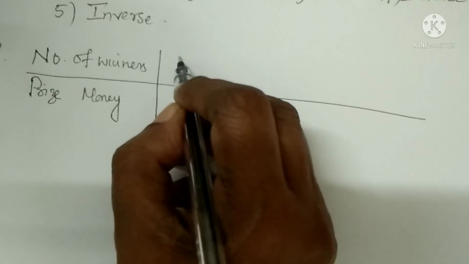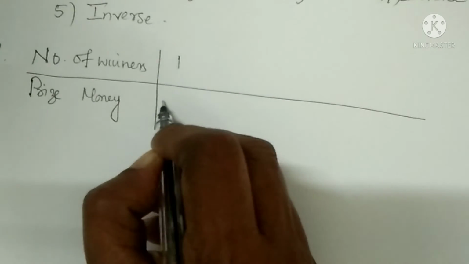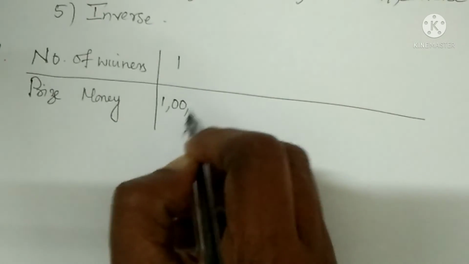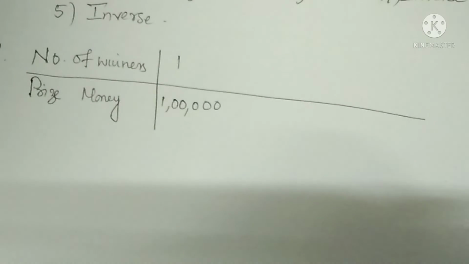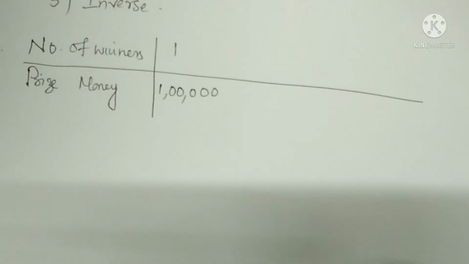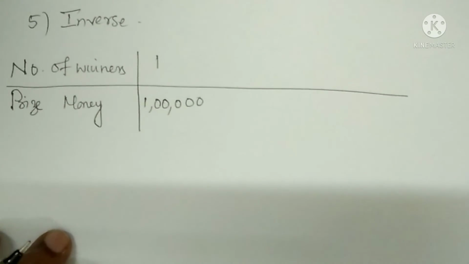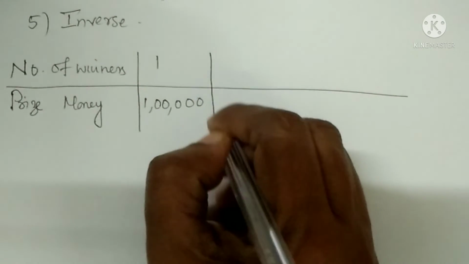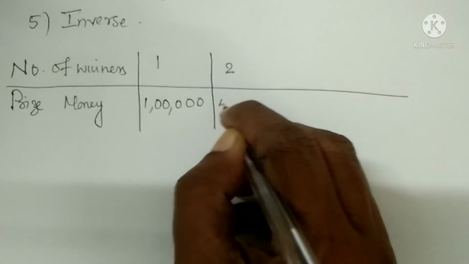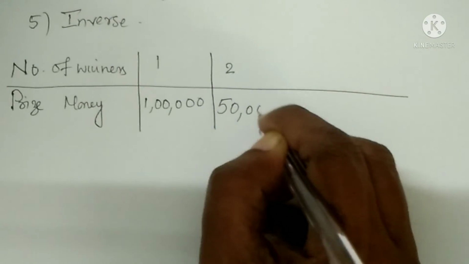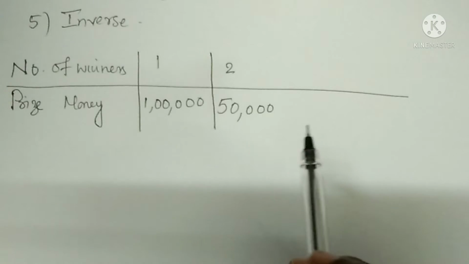Now what is given? If there is only one person, that person will get 1 lakh. Now if there are 2 people, they get $50,000. So what is happening to the money and the number of people?